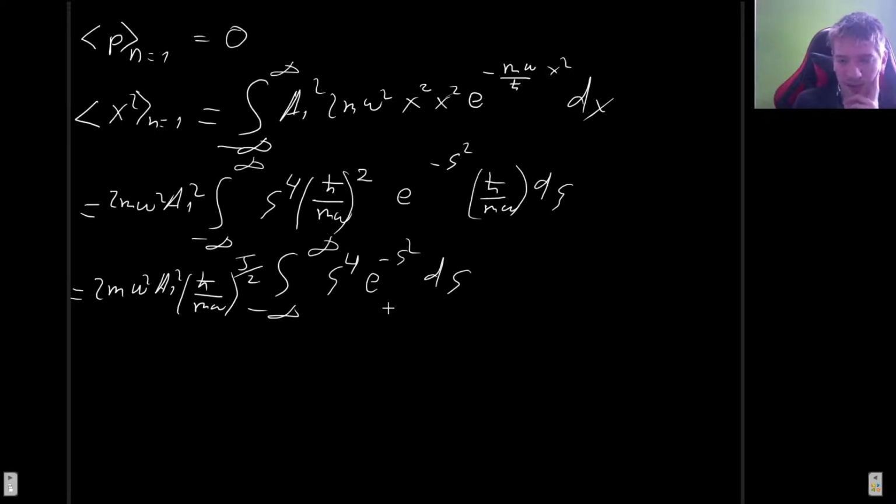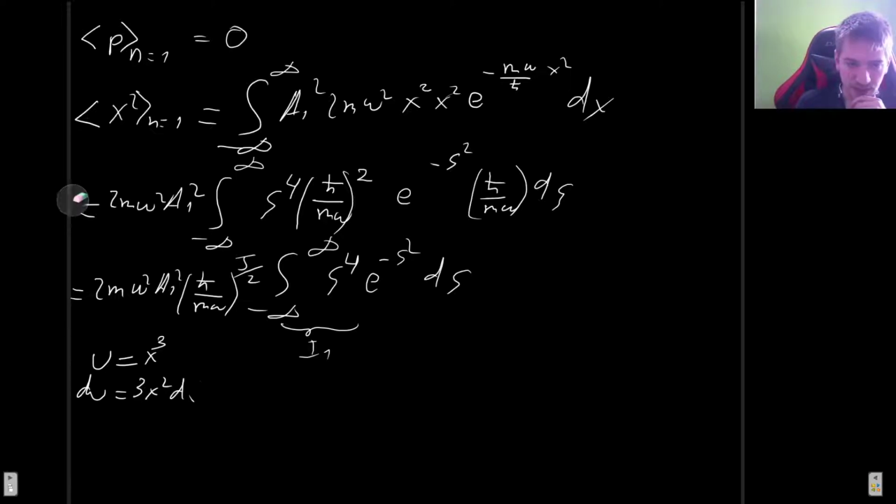What comes to mind, I don't know if it's the best thing ever, is that this is just going to be I1, and we want to solve it by integration by parts. Because if this were an x squared, we would know how to solve it, and if it's x or x cubed, it's just going to be 0 because it's going to be an odd function. So let us say our u will be, let's say, x cubed, du will be 3x squared dx. Well, in this case, sorry, it's psi, it's not x.